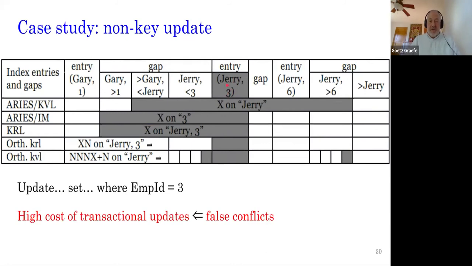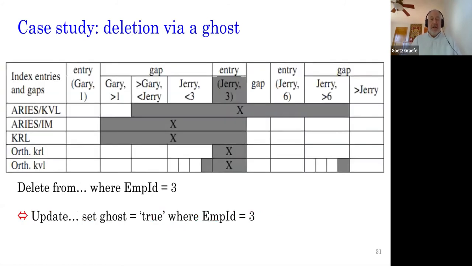So for example, if this is a 3, you would lock partition 3 in all these gaps. But still, imagine it's 4, imagine it's 15 partitions. It's still fairly precise, whereas the industrial deployed systems lock a lot more than necessary and therefore lead to false conflicts. So beyond update, let's look at a deletion.